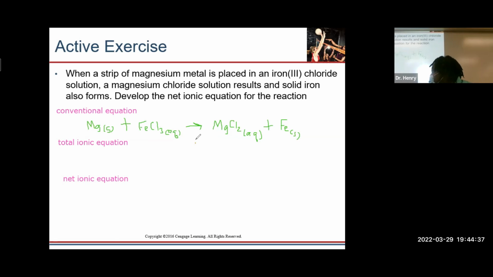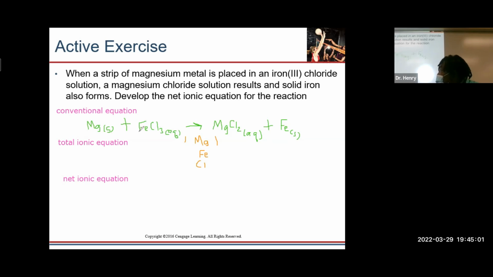So let's work it out. Yeah, we could all look at the answers. That's the easy part, right? But we want to make sure that we got it. So how many magnesiums do we have on our reactant side? On our product side?